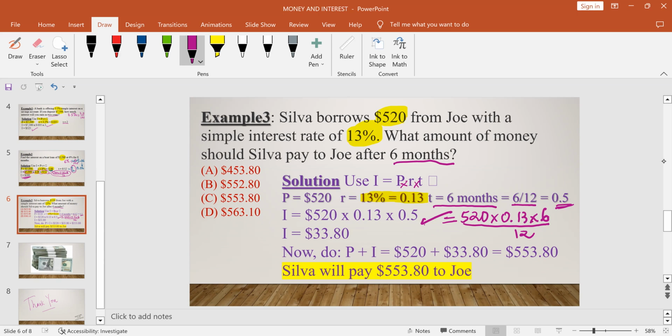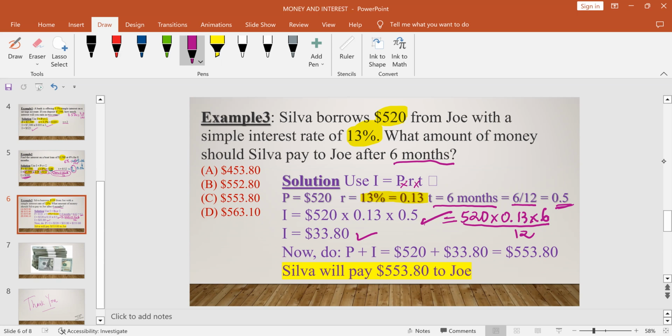And yes, that is math. You can check to see you're going to get the same answer. So here we have the interest, which is 33.80. You have to understand that 33.80 is not the answer to this question, but we need this to get the final answer.